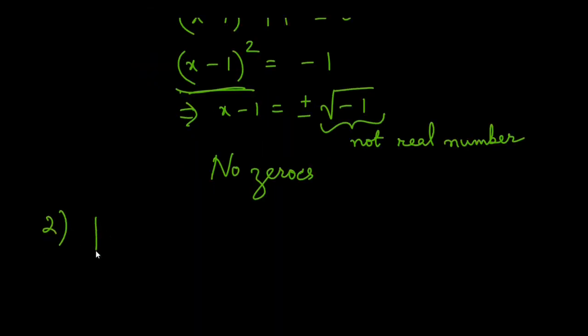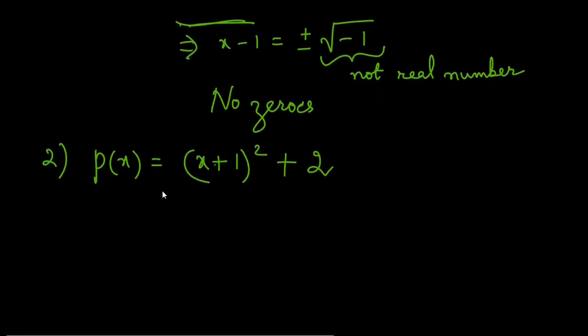Let us take another example. P of x is equal to x plus 1 whole square plus 2. So here we have positive a. Here the constant after complete square is plus 2, a positive constant. If we want to find zeros of this polynomial, we have to equate the polynomial to 0 and find x.